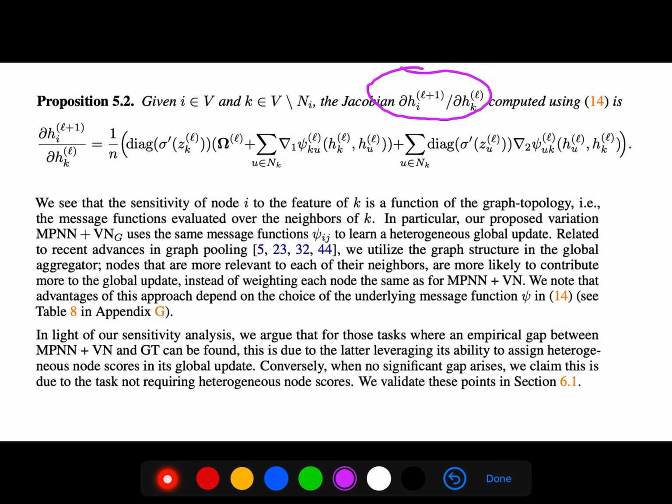We see that the sensitivity of node I to feature K is a function of graph topology, and the message functions evaluated over neighbors of K. In particular, our proposed variation uses the same message functions to learn a heterogeneous global update.